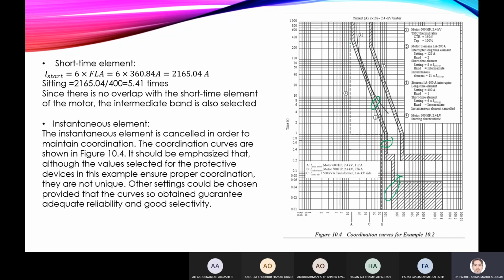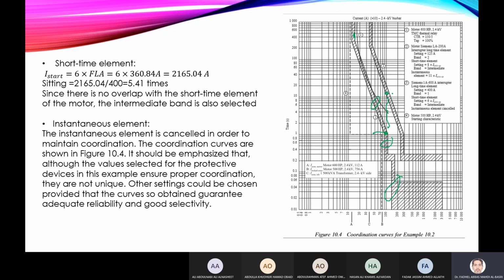This is the pickup setting for the breaker. Now, to coordinate with the 600 breaker, I have to coordinate at this point. At this point, at which the short time element, which represents the instantaneous element, operates at this time, I have to add a coordination time interval, and I choose this.